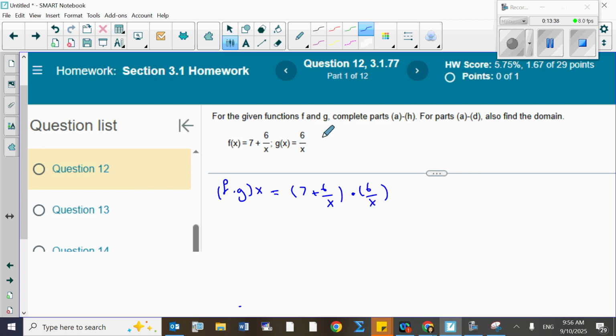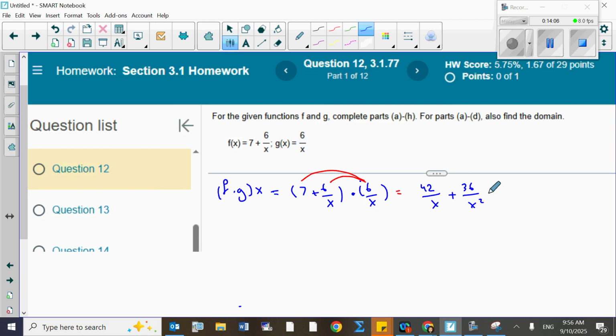In order to multiply those two, I'm going to distribute 6 over x into these two terms. 7 times 6 over x will be 42 over x. And then 6 over x times 6 over x will be 36 over x squared, because you multiply top by top and the bottom by bottom.